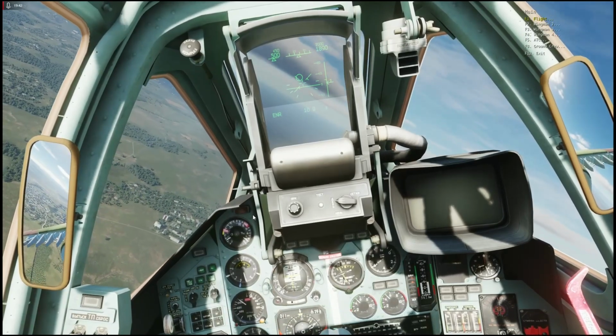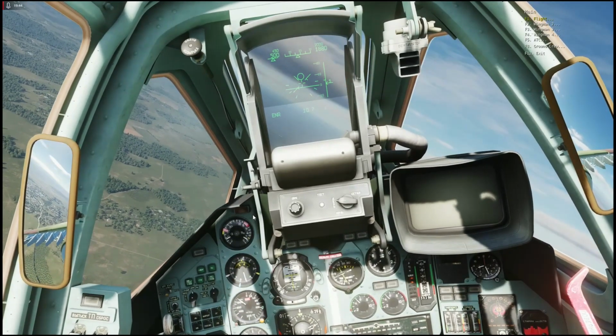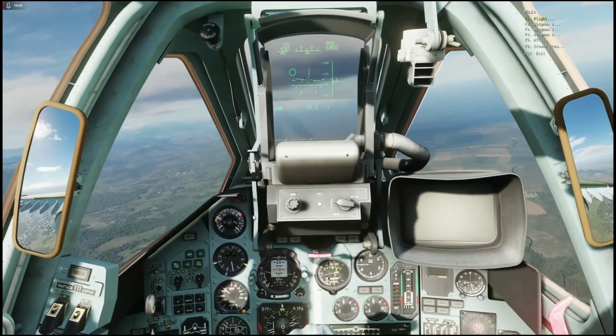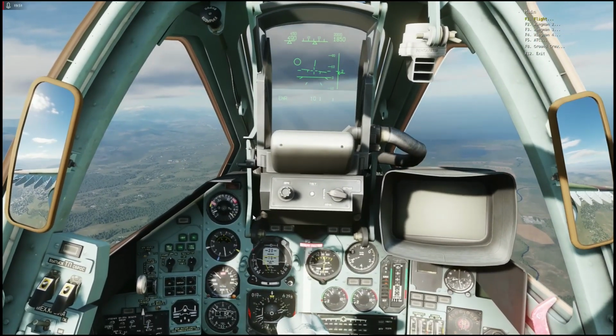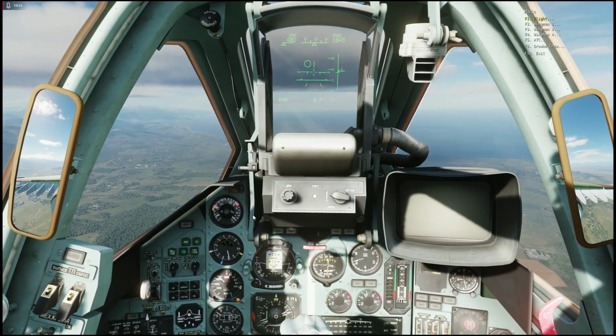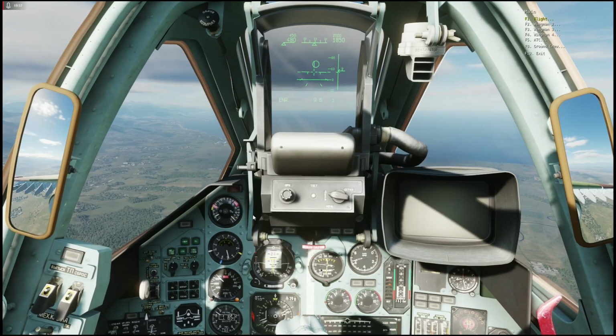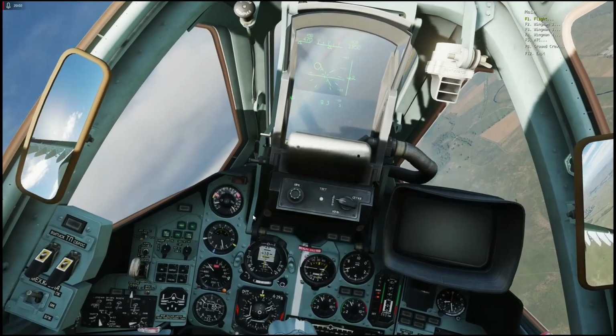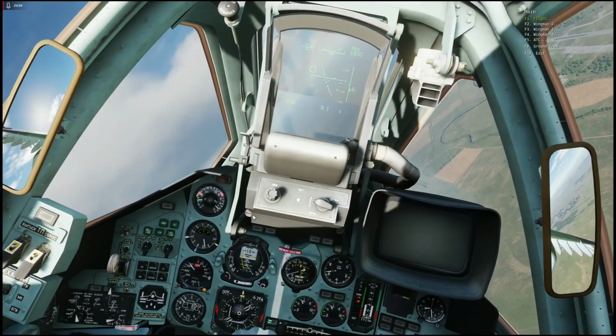What I'm trying to do right now is to catch my desired course or route. Need to go back. I'm gonna stay here for a moment, trying to catch up my altitude. And I need to be soon, according to the HSI, roll to the right to catch up 298.